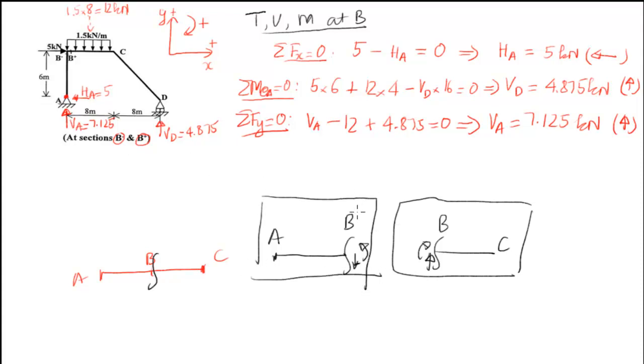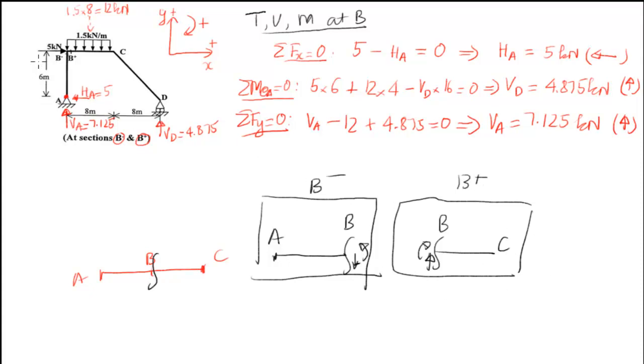You cut and consider the left hand side part, and this is B negative, and for positive B, sorry, this will be your right hand side part, okay.